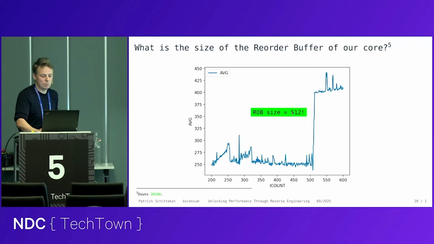The ROB size of this is 512. So it can look 512 micro ops up front to find independent instructions. And we did all this by just making a small microbenchmark, and we can do this programmatically to get into the next. Any questions?